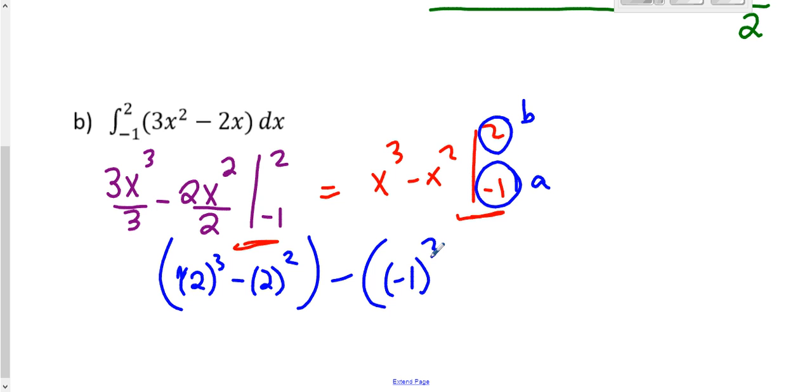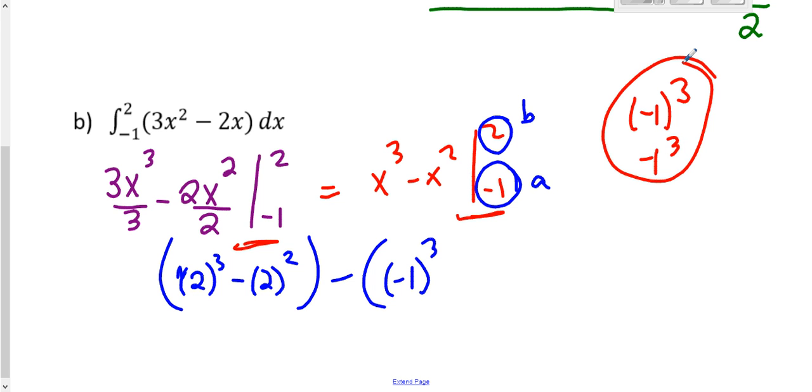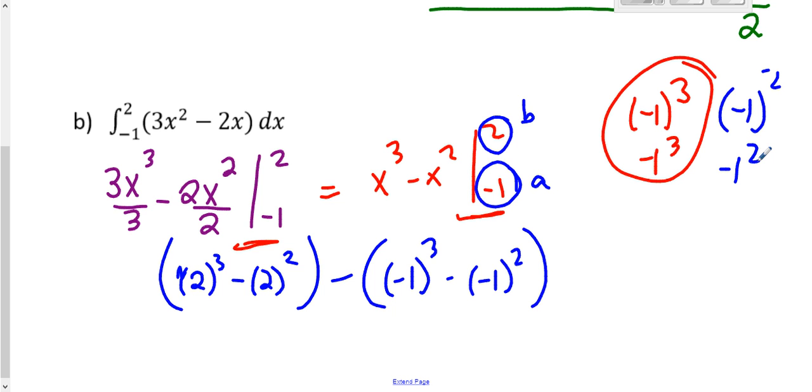I know that we're not a huge fan of parentheses, but (-1) cubed is different than -1 cubed. Okay, so be careful with the differences there. Minus (-1) squared. Okay, just like that, (-1) in parentheses squared means something different than -1 squared. One will give you a positive, one will give you a negative. You need to be very careful with your notation.